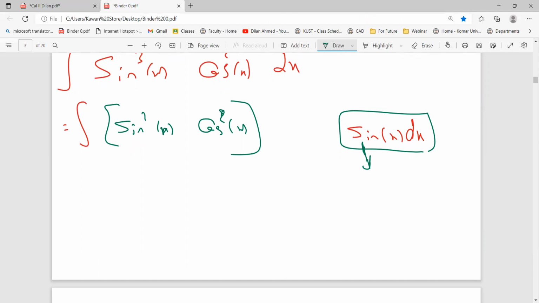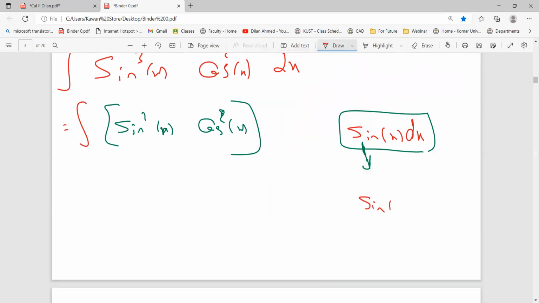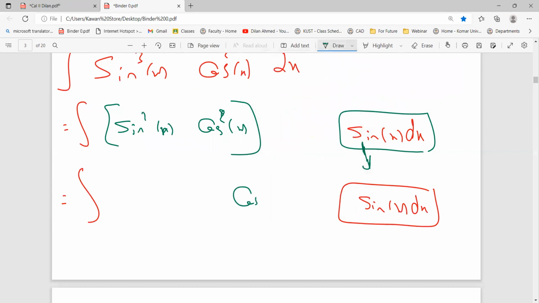Okay. Let me make a box again. Okay. So this is cosine by itself. So how do I change that one to cosine? Am I right?